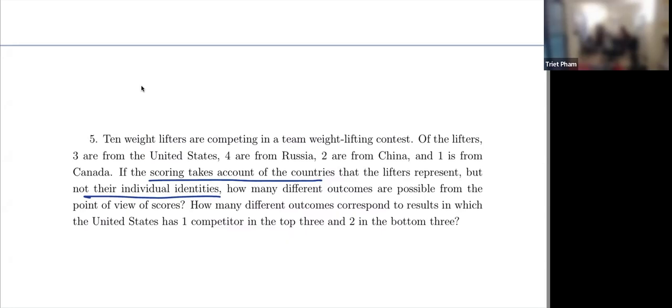All right, so let's address the first part, which is this sentence right here: scoring takes account of the country, but not the individual identities. What does that try to refer to in terms of combinatorics?